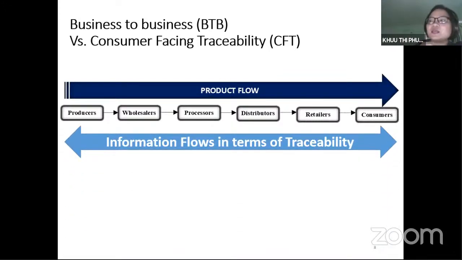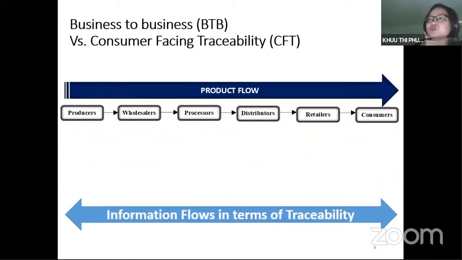Let's see, this is the supply chain. The product flows downstream, right? From producers to consumers. And the information flows will be shared together. And consumers can get information if they want via the traceability system.